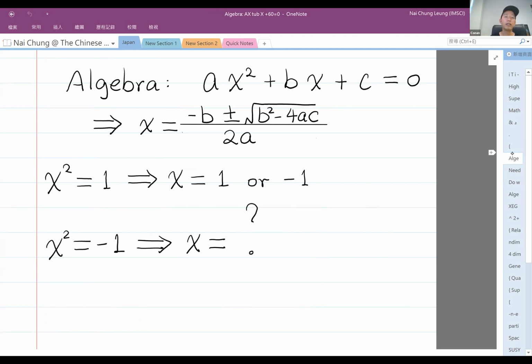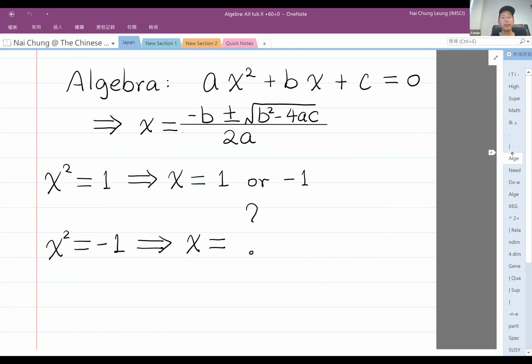And then the algebra that is involved. The first algebra that we learn in high school or even elementary school is to solve equations. A linear equation you can solve, and then the second one is the quadratic equation: ax squared plus bx plus c equal to 0, where a, b, c are just some real numbers.